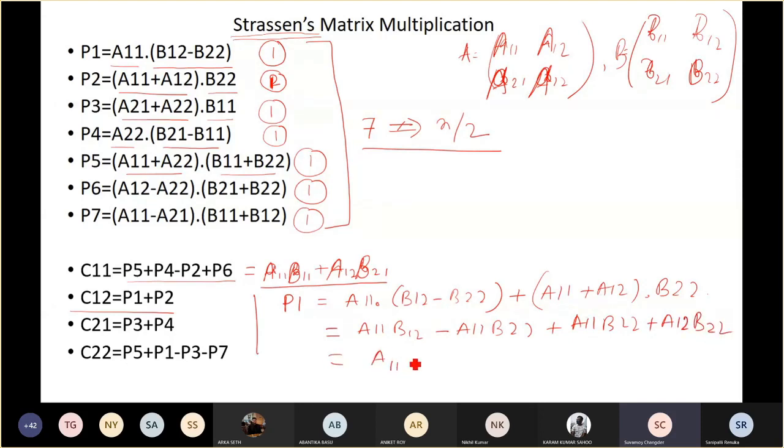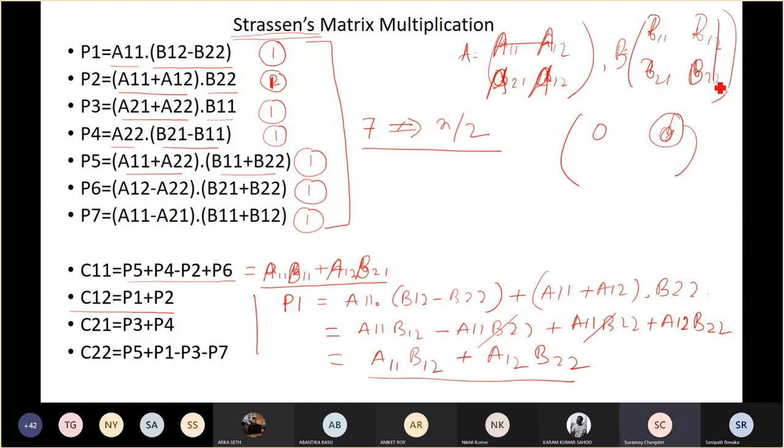That equals A11 B12 plus A12 B22. Let us check whether C12 is equal to this one or not. This means first row, second column.